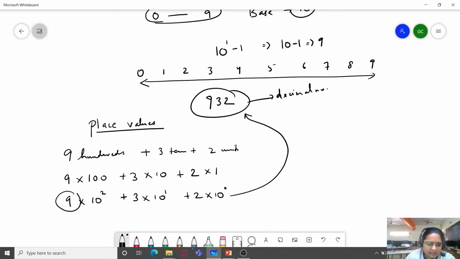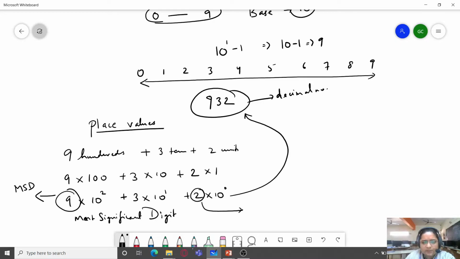The digit which is towards the extreme left side holds the maximum weight. That is why it is also known as MSD, that is most significant digit. And the digit which is towards the units place holds the least weight, so it is known as least significant digit, or in short LSD.